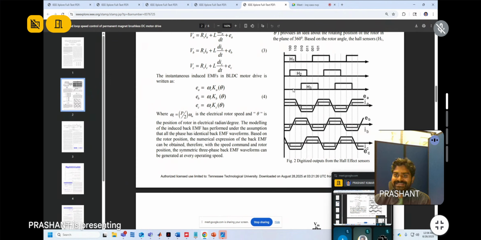So in sector 2 we are getting 110. The first one represents that the signal from Hall sensor 1 is coming, the second represents signals from Hall sensor 2, and the third is 0, meaning there is no signal coming out from Hall sensor 3. So these are the representations for all the 6 sectors.